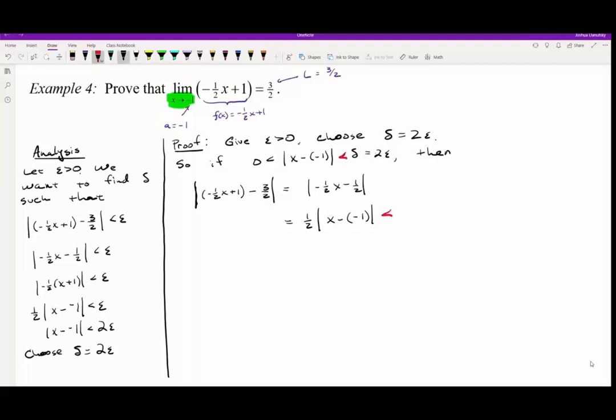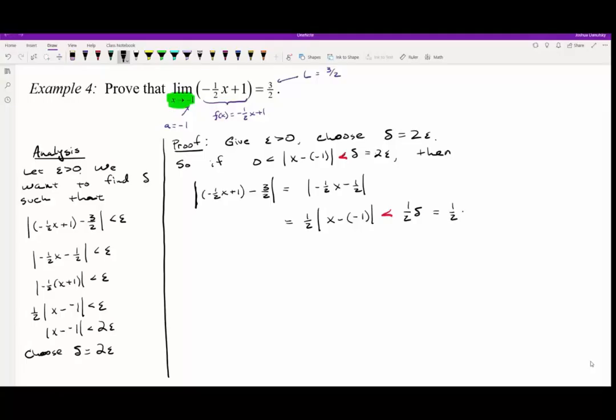So these two inequalities are going to be the same inequalities. And the idea is that this quantity here, we know from above, is less than delta. So here you can see we've taken the part in green and we multiplied both sides by half to get this down here.